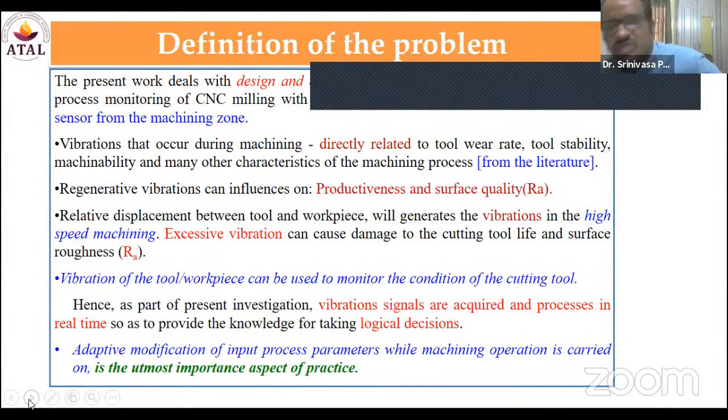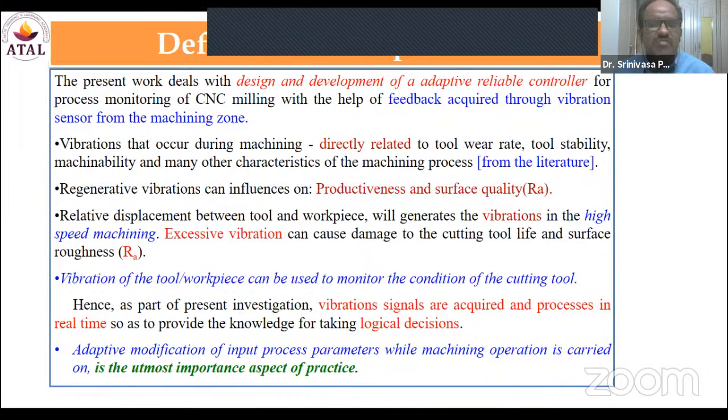Now, coming to the definition of the problem. The main objective is to design and develop an adaptive controller.